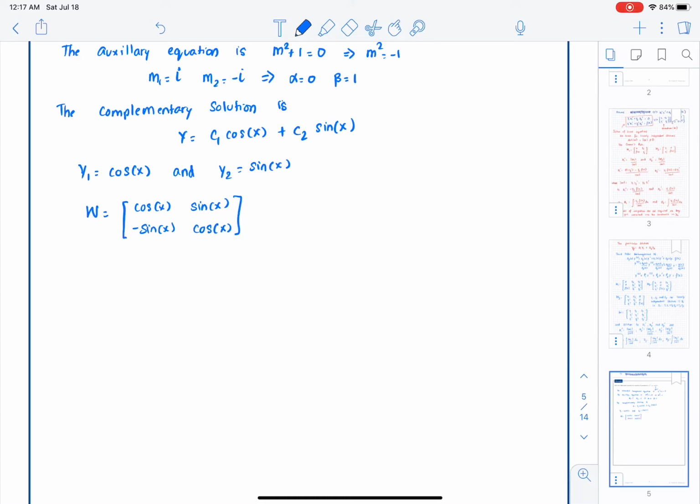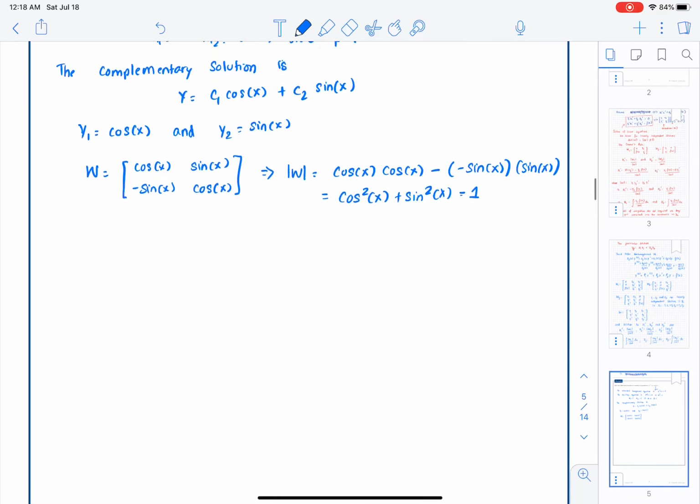So the determinant of the Wronskian would simply be equal to cosine x times cosine x minus sine x times sine x. So we will have cosine squared x plus sine squared x, and if you know the identity, that is 1.